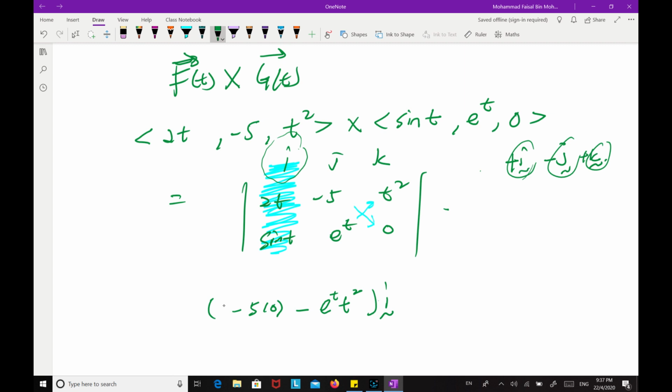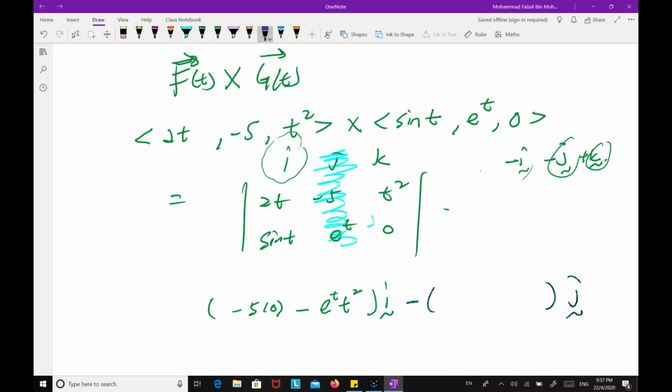Next, for j, remember start with plus and then I have minus j. So for j, you have to close the j column and then find the determinant.